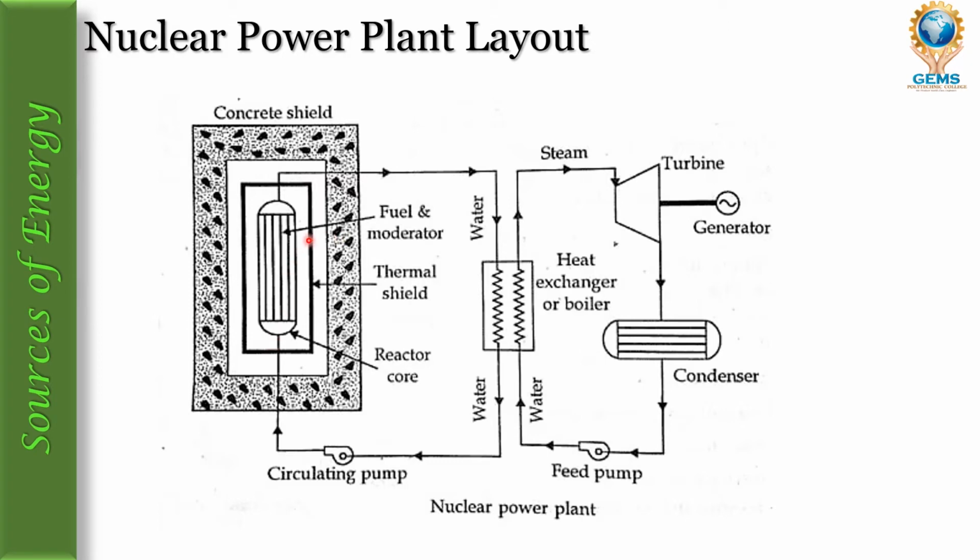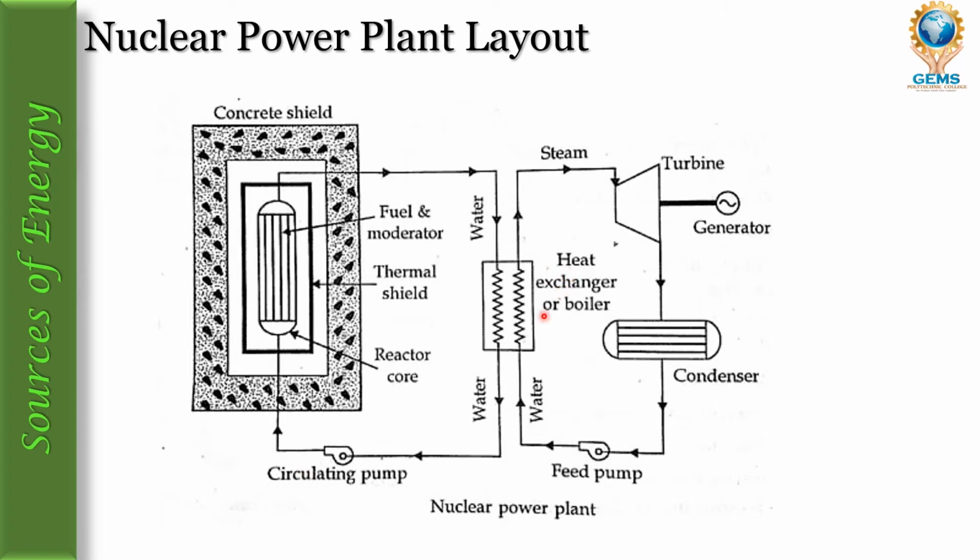When the fission reaction is happening inside, it produces an enormous amount of thermal energy and releases heat, so when water circulates inside this circuit, it absorbs the heat and becomes steam. It comes to the heat exchanger and releases the heat to the secondary circuit, and again comes through the cycle via the circulating pump.